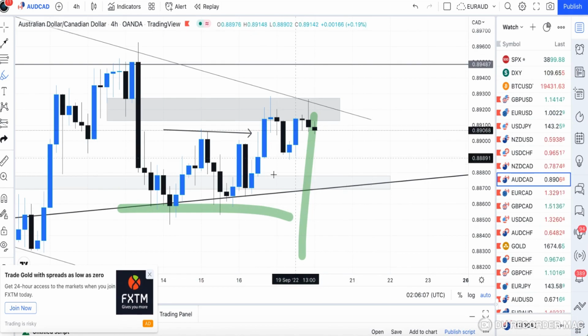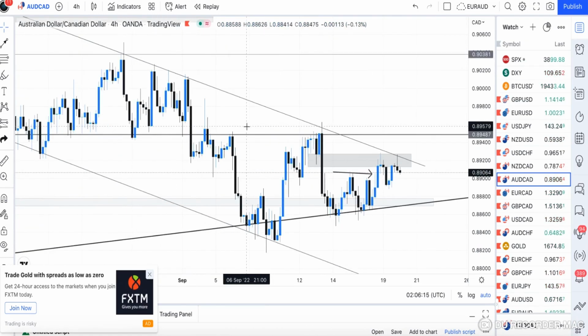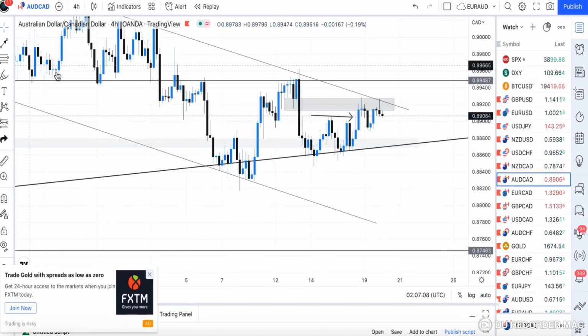And there is only one thing that can hinder this trade from selling off massively. That thing is what we call the fundamental analysis. So I think we have some Canadian CPI today. I think that's the only thing that can hinder this from selling off massively.